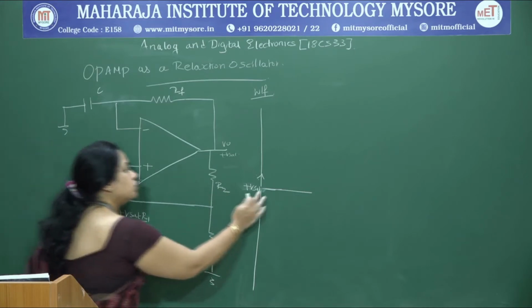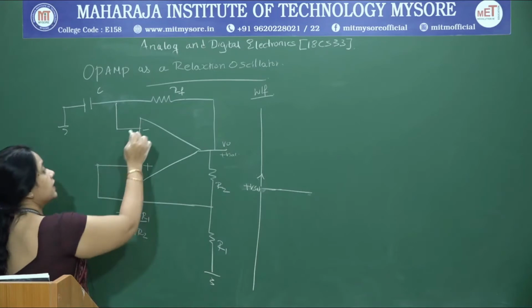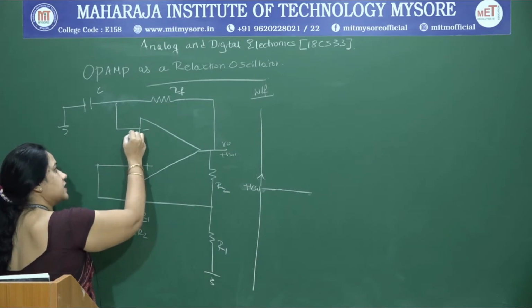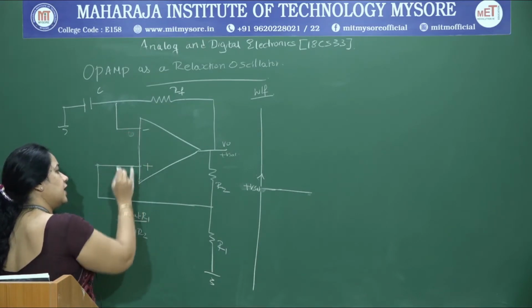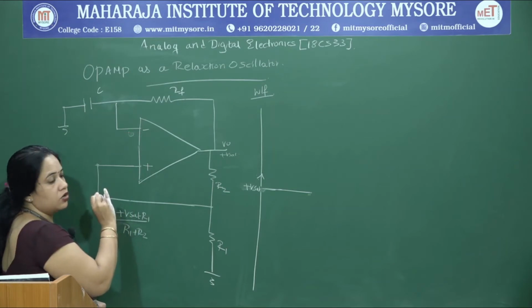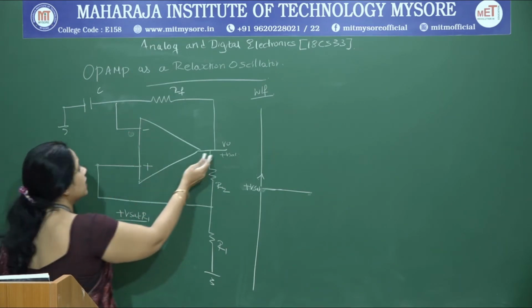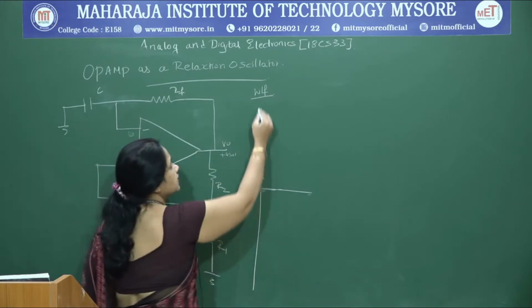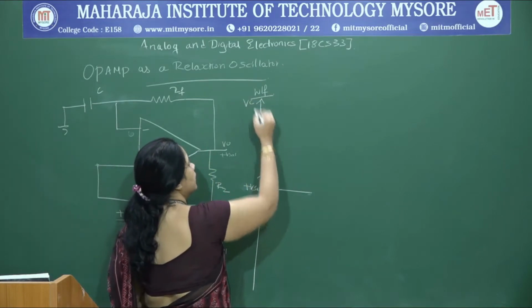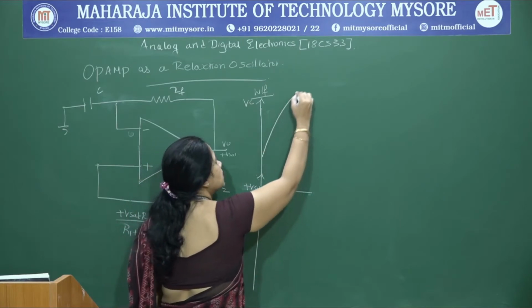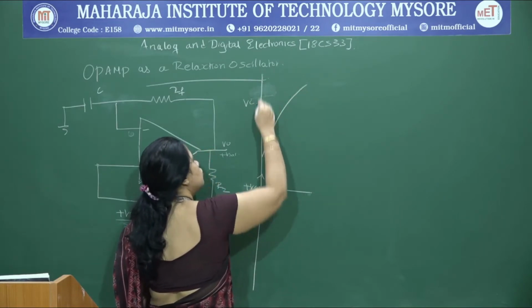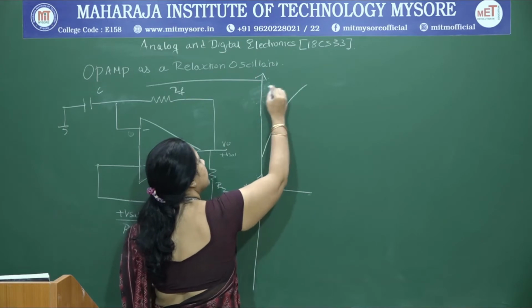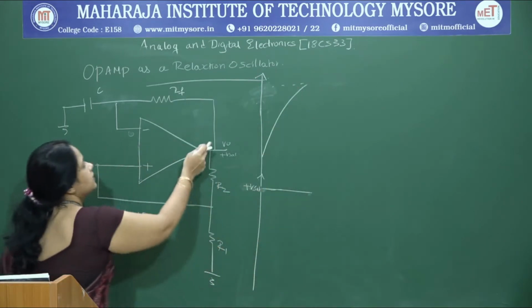Now, the output continues to be in positive saturation as long as the voltage at the inverting terminal is less than that at the non-inverting terminal. Meanwhile, the capacitor is connected across this plus V sat, and the capacitor voltage tends to get charged towards the positive peak through this resistance.